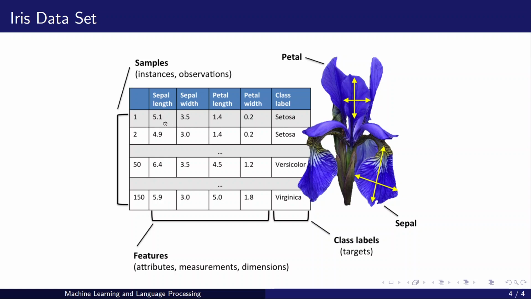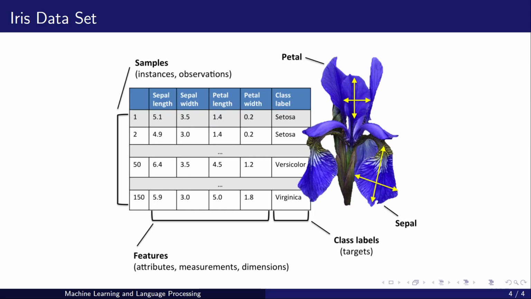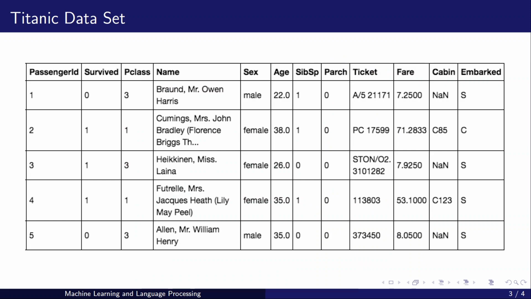So based on the values here, the class labels are assigned. Here we have only three types of flowers. So three types of flowers will be categorized. So here we'll go for a multi-class classification. In the previous data set, we'll go for binary classification. That's the idea. So we are dealing with two different data sets. One is a Titanic data set and the second one is an iris data set.